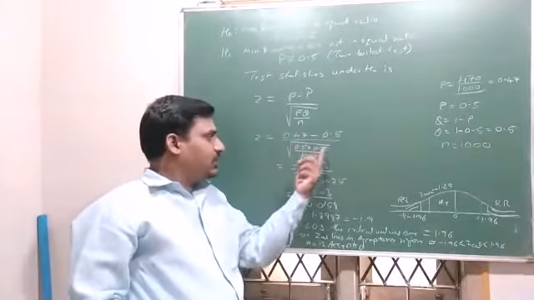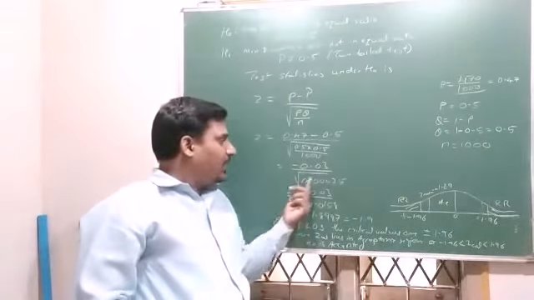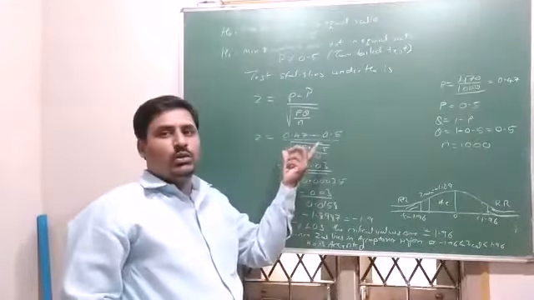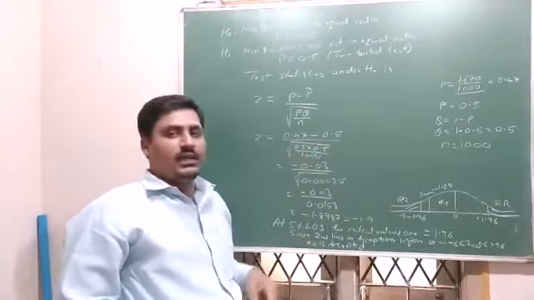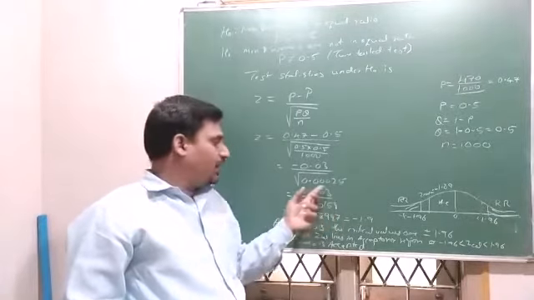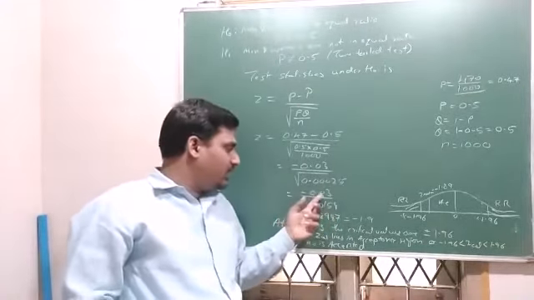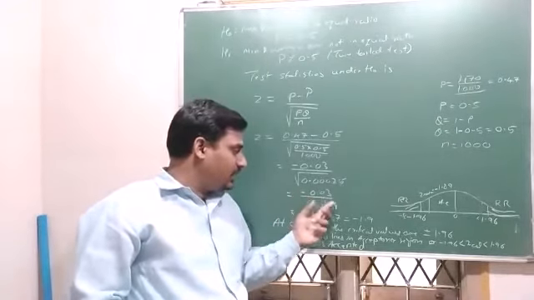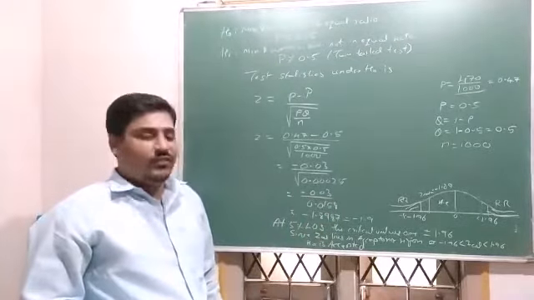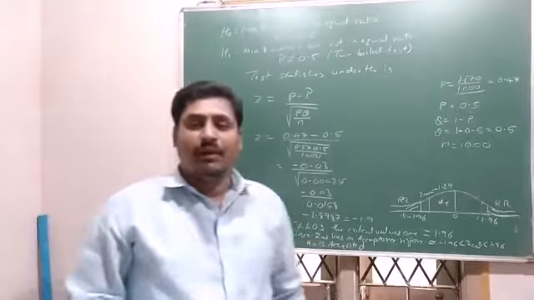So 0.47 minus 0.5 is minus 0.03, divided by the root value of this figure, which is 0.00027, and that is 0.0158. So minus 0.03 divided by 0.0158 is equal to minus 1.8987.